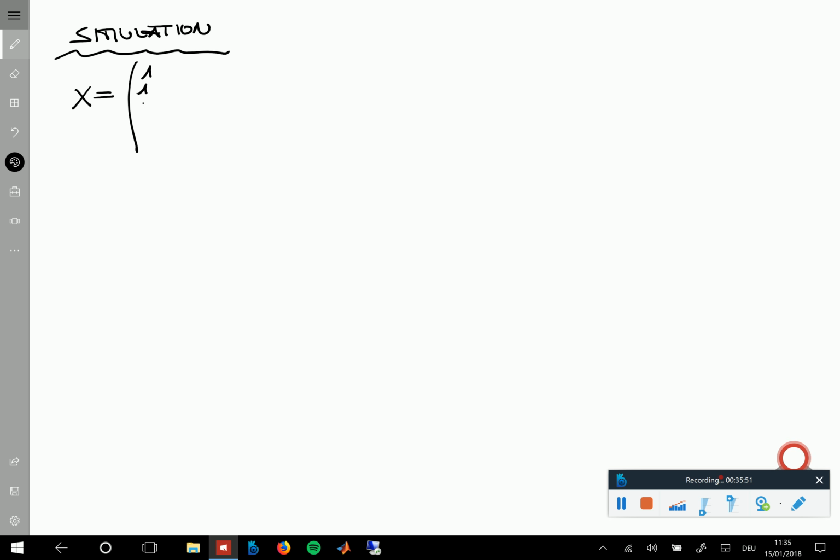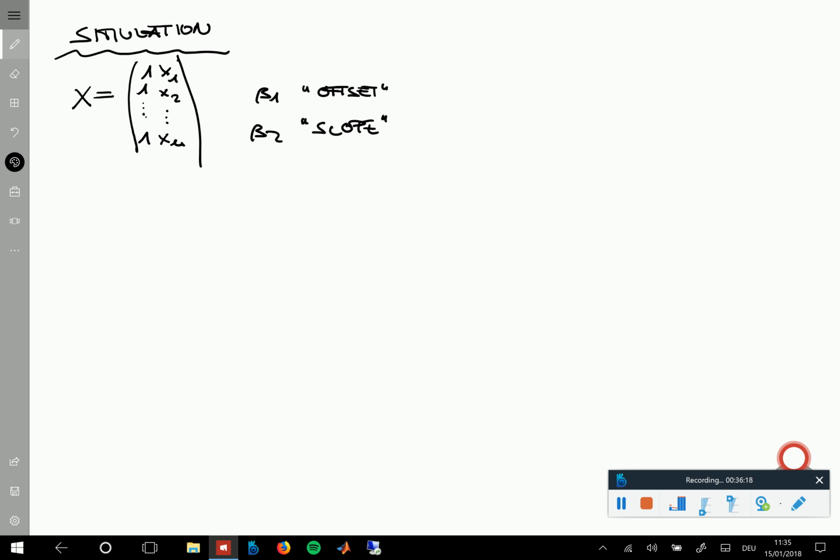So our design matrix is this, and then our beta 1 has the interpretation of offset, and beta 2 has the interpretation of slope.